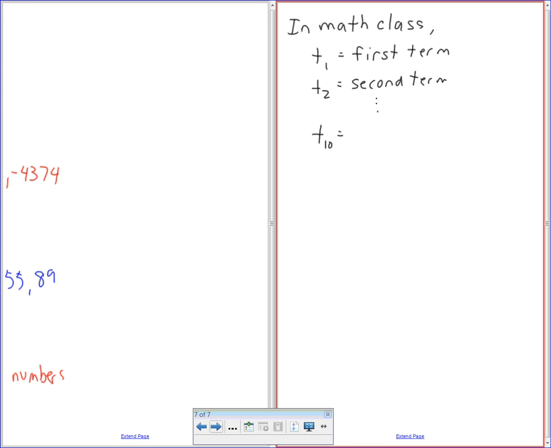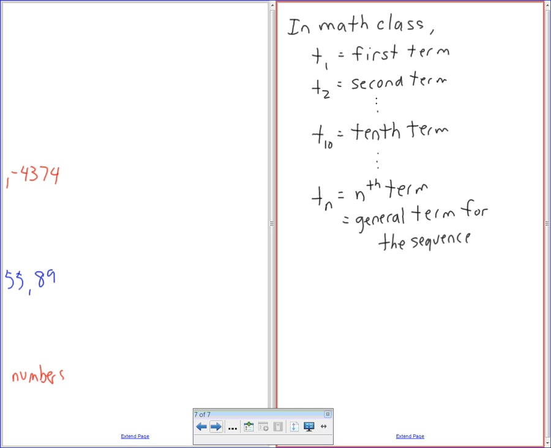The 10th term, very good. Tn is going to be the nth term, or the general term for the sequence. This is how you can get any term in the sequence.